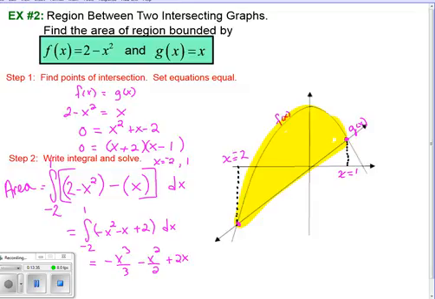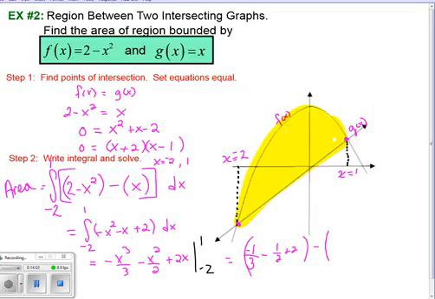We want to evaluate this from negative 2 to 1, and now it becomes the fundamental theorem of calculus where we evaluate placing the top in first. So I'm going to have negative 1 cubed, which is still negative 1, minus 1 squared over 2, plus 2.